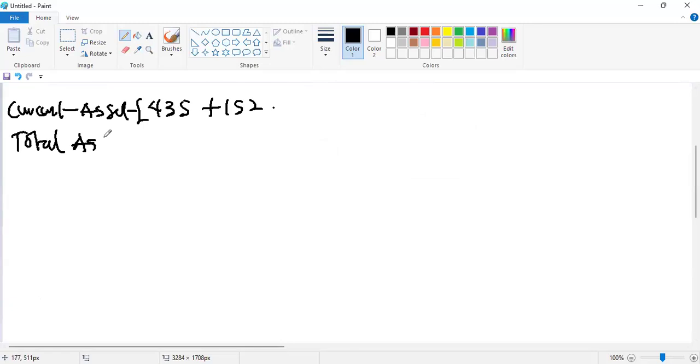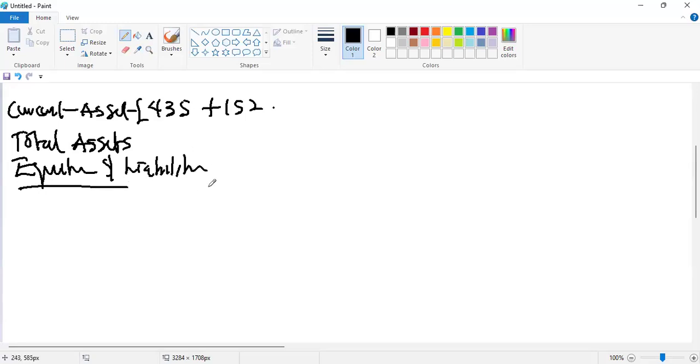Total assets, equities, and liabilities. Share capital.